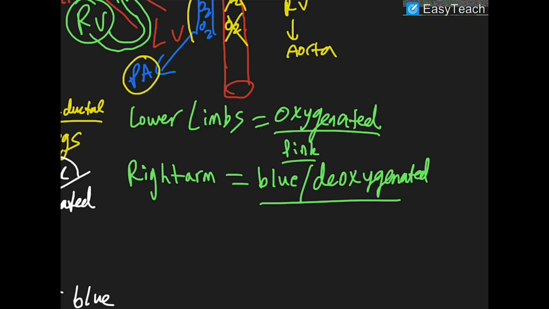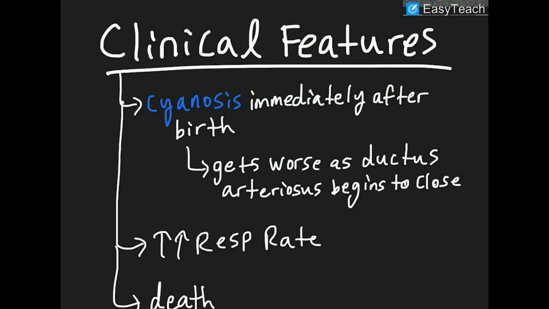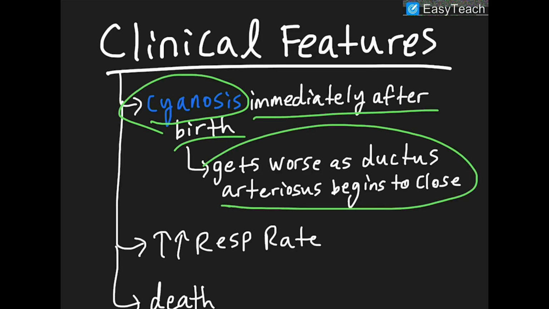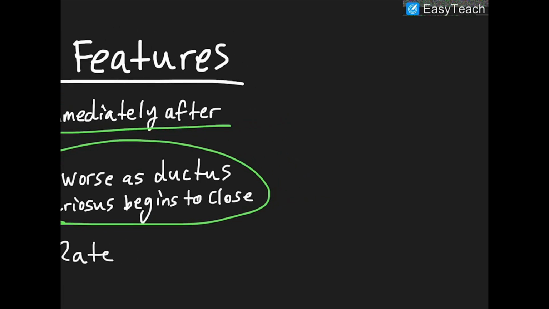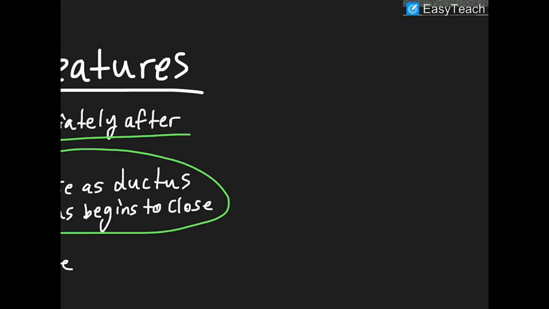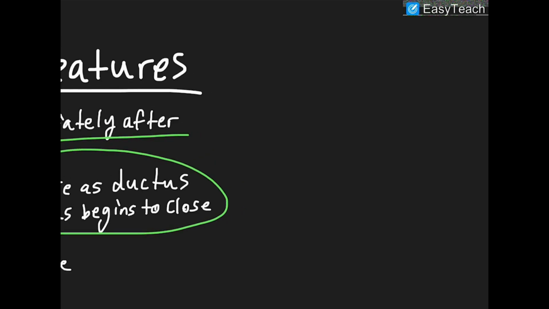All right, so now that we went over that, let's look at some clinical features. Clinical presentation. So of course you're going to see severe cyanosis immediately after birth, and it's going to get much worse as the ductus arteriosus begins to close. Remember, when the baby's born and after a few days, the pulmonary vascular resistance begins to fall.